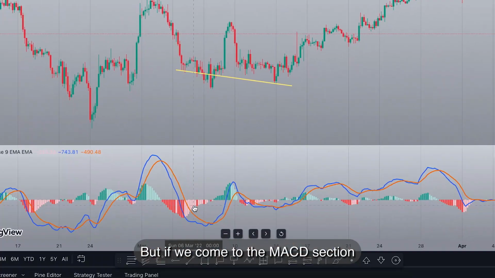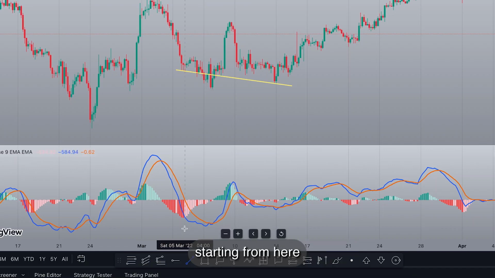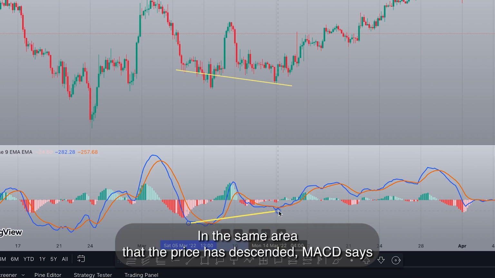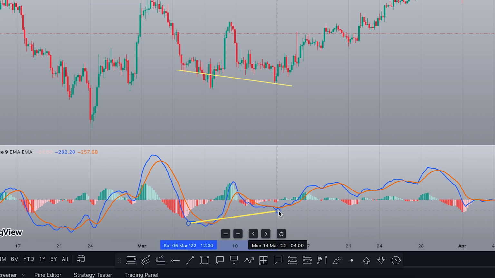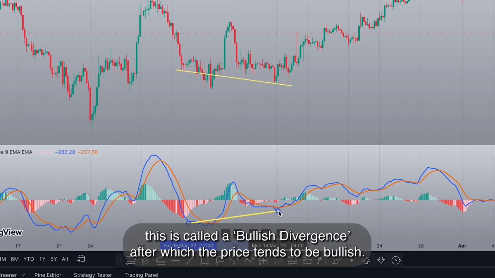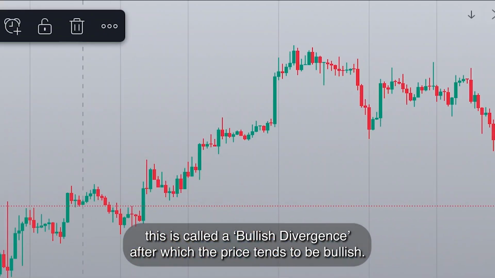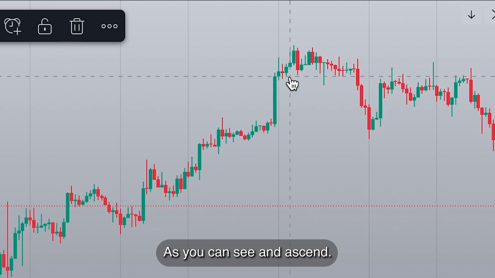But if we come to the MACD section and pay attention to the same area, starting from here until here, MACD says a totally different thing. In the same period, MACD submitted higher lows. This is called a bullish divergence, after which the price tends to be bullish, as you can see, and ascend.